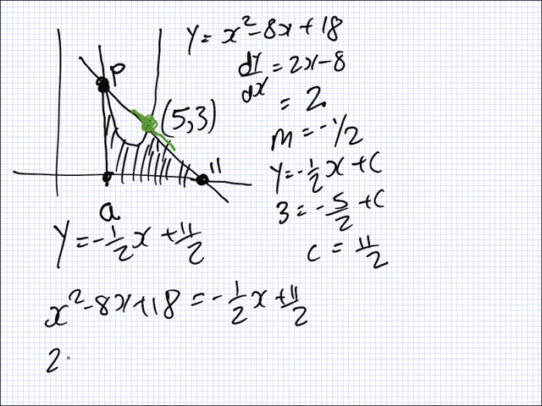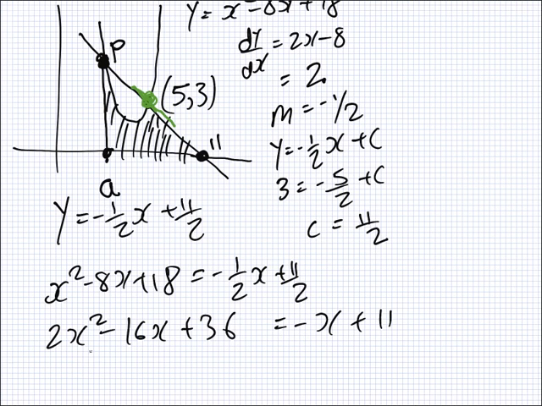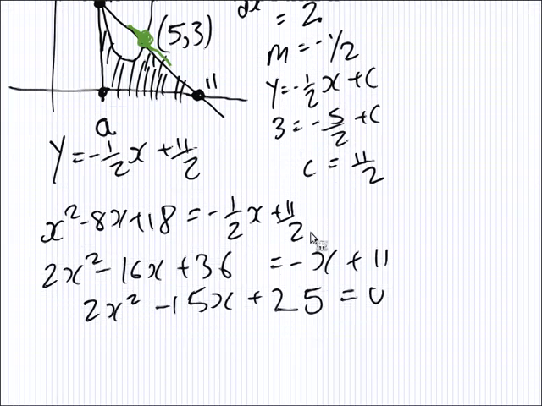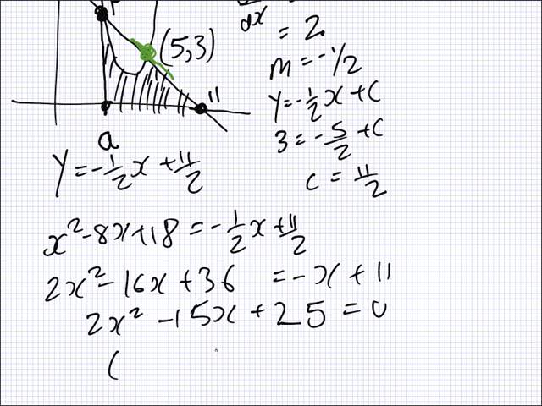Multiplying by 2, 2x squared minus 16x plus 36 equals minus x plus 11. So 2x squared minus 15x plus 25 equals 0. Now I already know one of the answers, don't I? One of the answers is supposed to be 5.